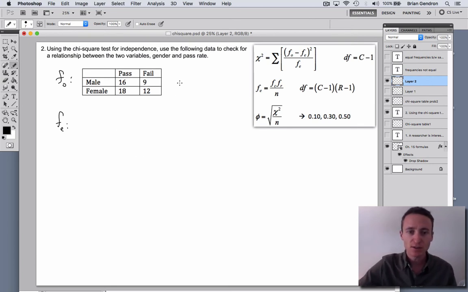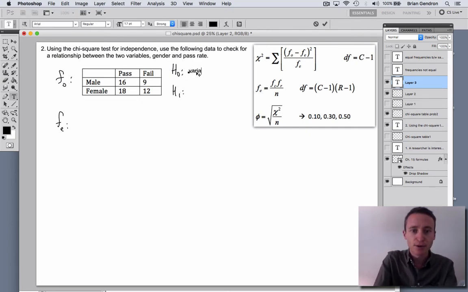So before we go ahead and do that, let's actually look at the null and alternative hypotheses. And so the null hypothesis is essentially stating that the variables are independent of one another. There's no relationship.